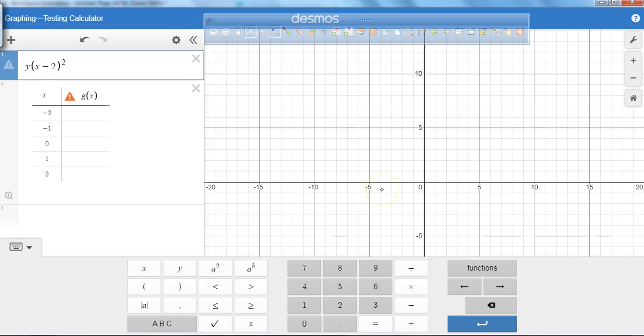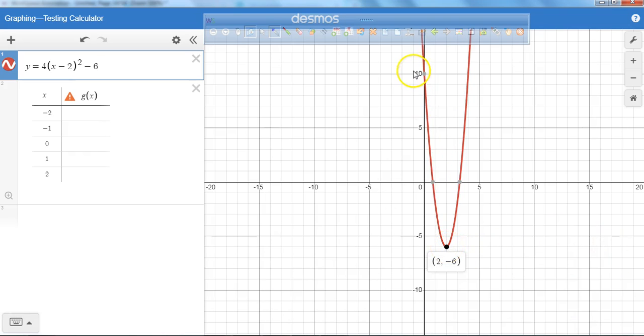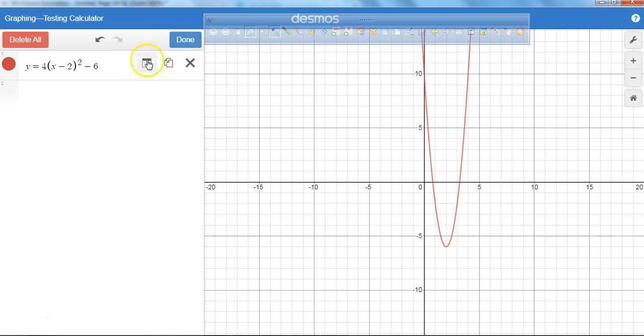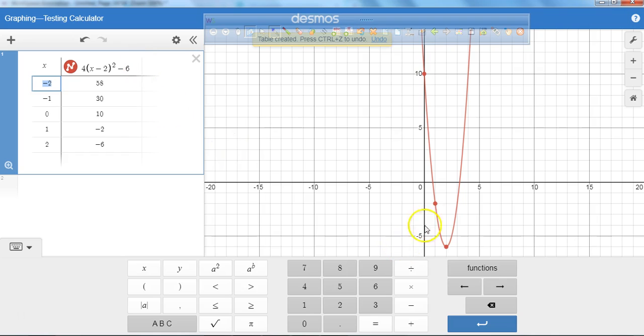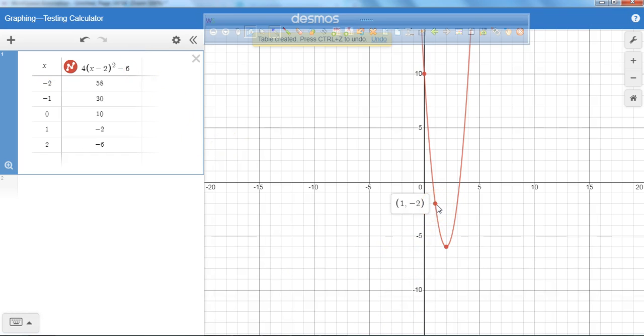Y equals 4 times x minus 2 squared, minus 6. You can see the point right here is at 2, negative 6 and 0, 10. You can make a table out of it. So if you plug in a 1, it could be 1 and a negative 2.